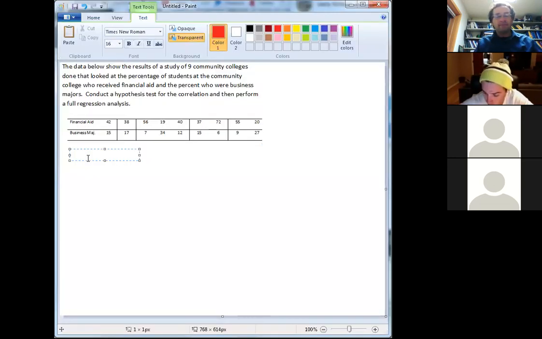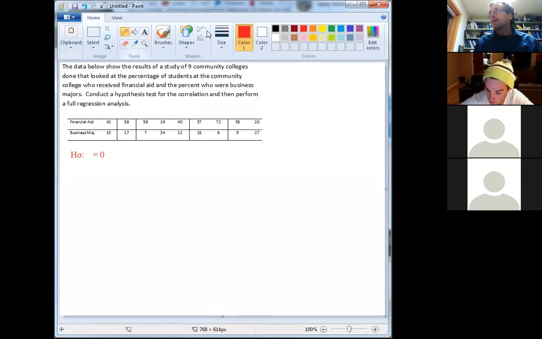H naught. I'm going to write equals 0, and then I'll fill in the blank. But because it's a Greek letter. Okay, that may look like a P to you, but it isn't.